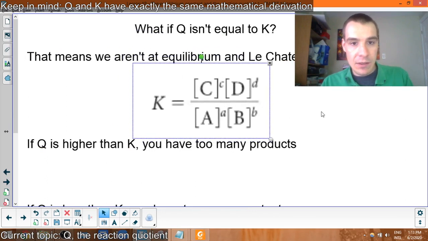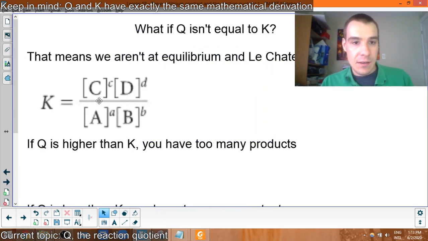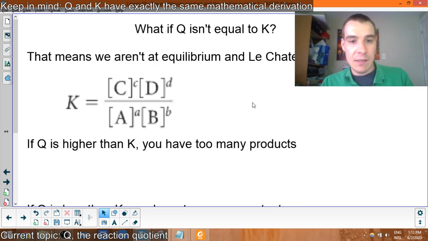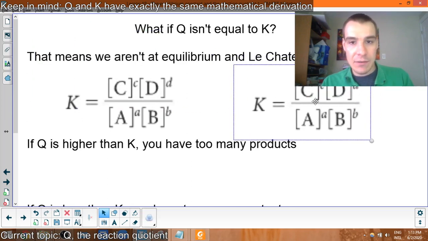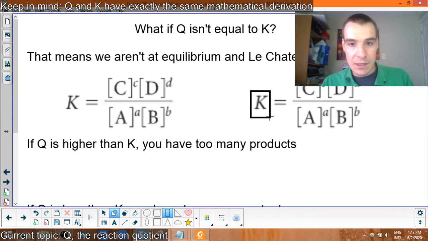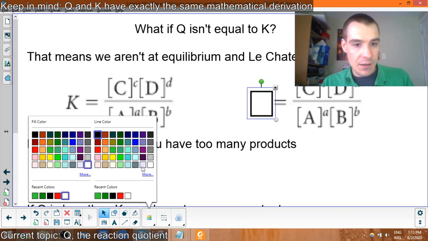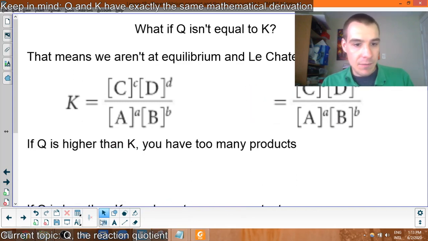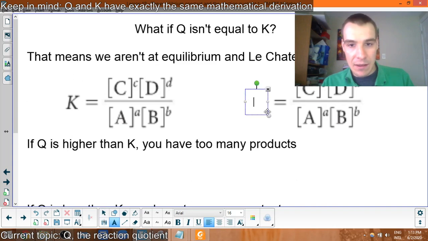All right, so there's K, and Q would be exactly the same, right? All I have to do is take this K, and I'll just erase that. We'll turn it into white, and we'll put a Q there instead. Right, it's exactly the same.